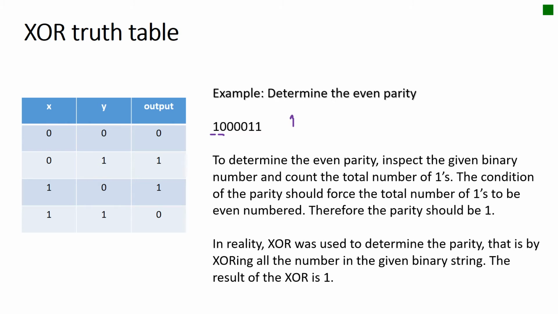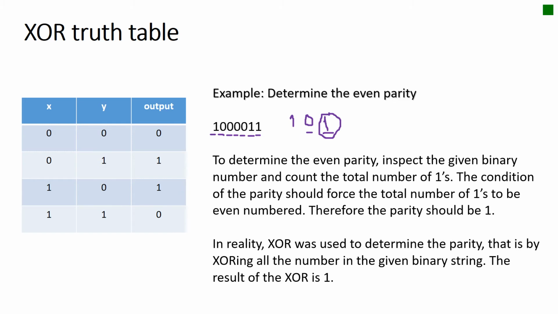The result of that XOR will be XOR to the next number. 1 XOR with 0 is still 1. 1 XOR with 0 is 1. 1 XOR with 0 is 1. 1 XOR with 1, which is the next binary number, the result will be 0. And then finally, XOR 0 to the next given binary number, so 0 XOR with 1, the result is 1. So this is the result of your XOR, which is also the condition of your even parity check.